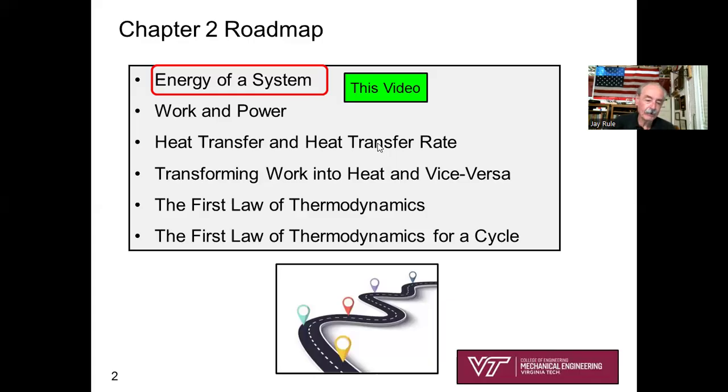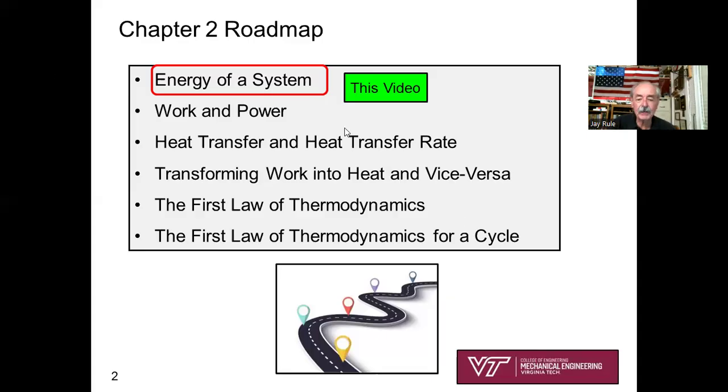Then, one of the most important fundamentals of this whole course is called the first law of thermodynamics. That's where we balance different forms of energy. Very powerful problem solving tool. It's fundamental. And finally, the last section is the first law of thermodynamics for a cycle. Remember, back in chapter one, one of the sections had to do with a special type of process called a cycle.